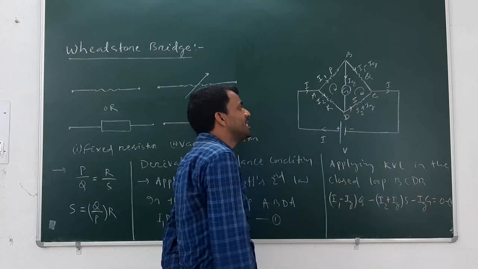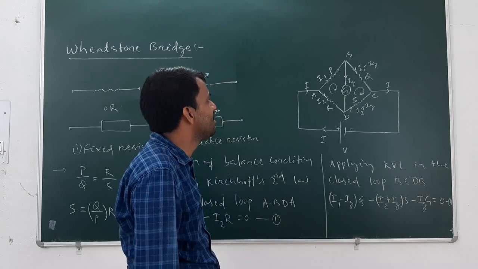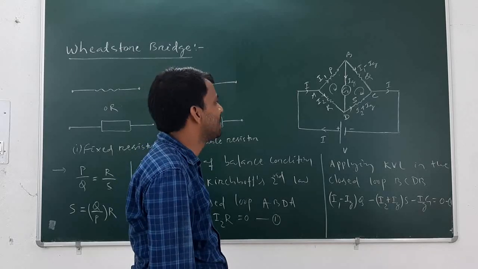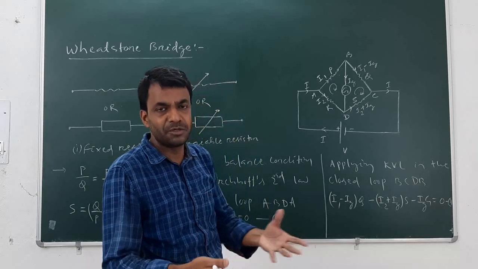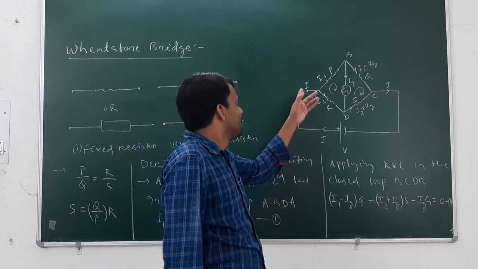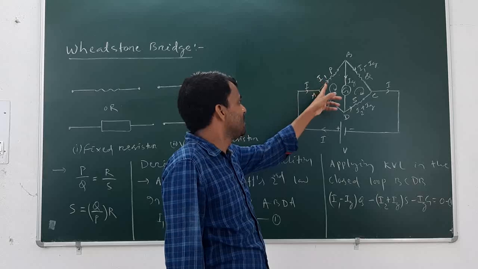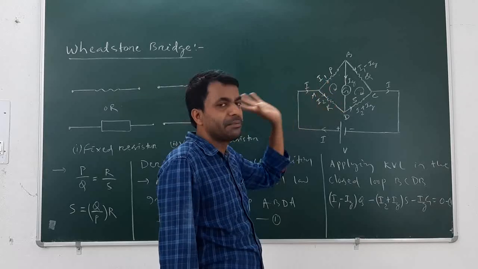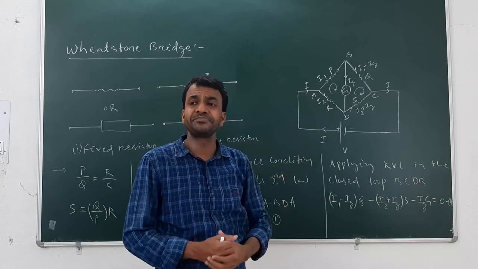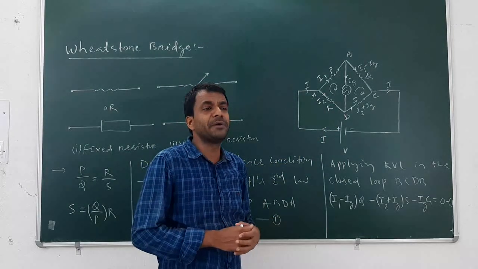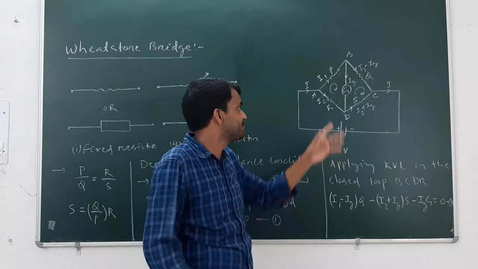And at the point C, current I is leaving, and the two branches BC and DC are incoming, towards the junction. At this junction the current is divided into I1 and I2, meaning I1 plus I2 is equal to I.